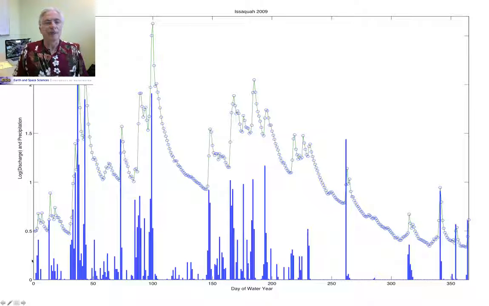Most of the precipitation occurs during the winter months, and there is less precipitation during the summer months. There is not a clear-cut example of base flow recession, but there are examples of base flow recession to be seen on this graph.